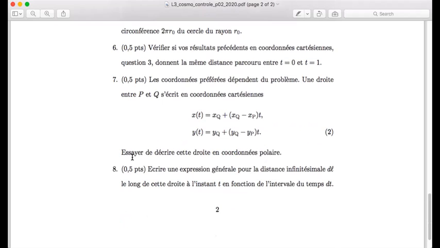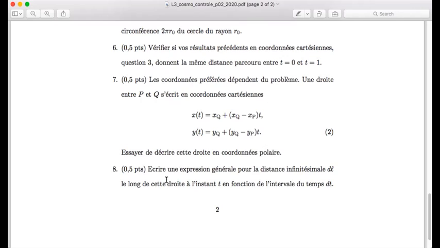So I'd like you to have a go at writing the equation for the straight line in polar coordinates. It's surprisingly not straightforward, but the point of this exercise is not to frustrate you, but to really emphasize that your choice of coordinates is important.